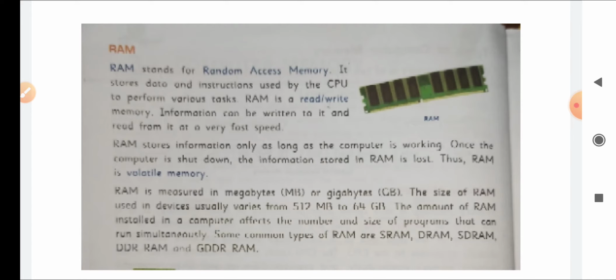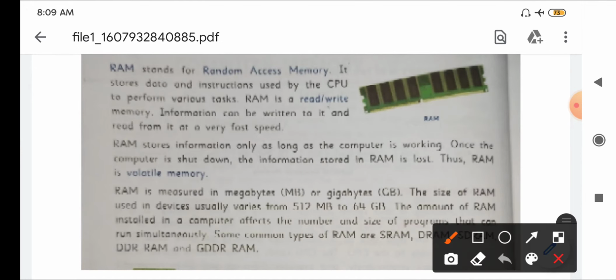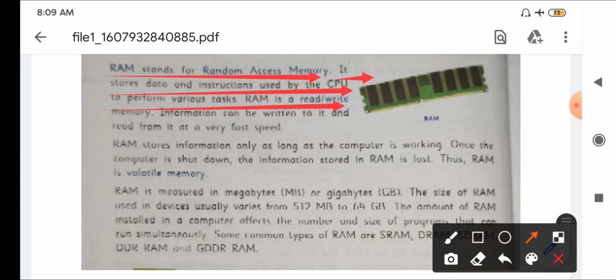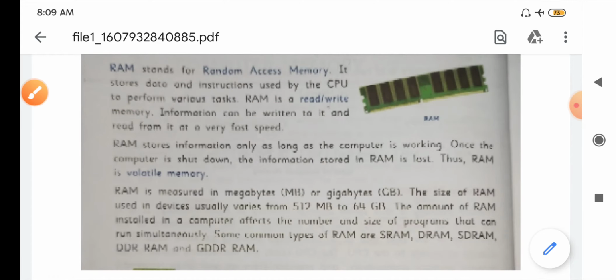RAM. As you can see, RAM stands for random access memory. It stores data and instructions used by the CPU to perform various tasks. RAM is a read/write memory. Read and write memory.